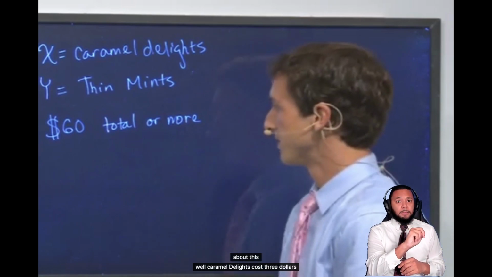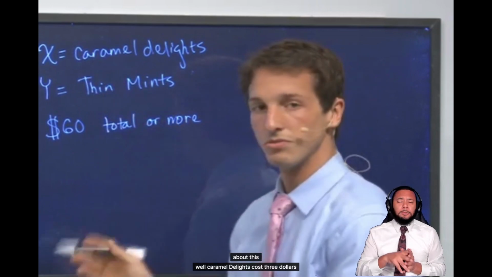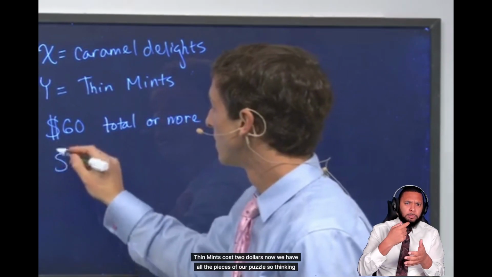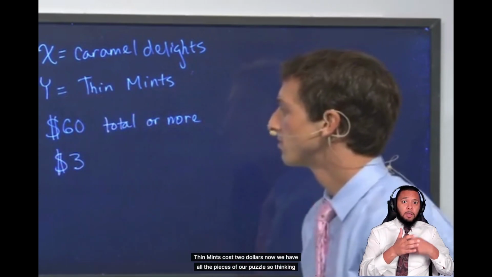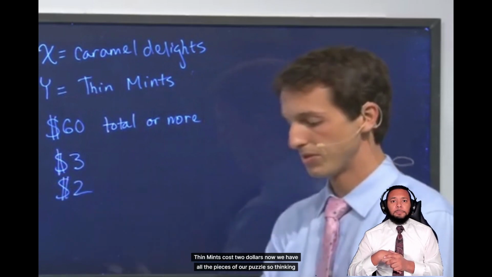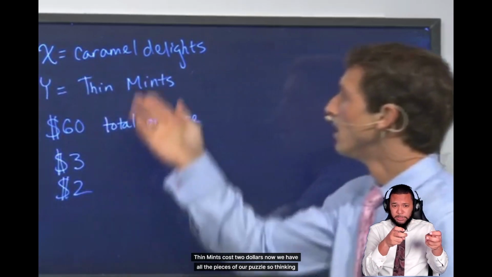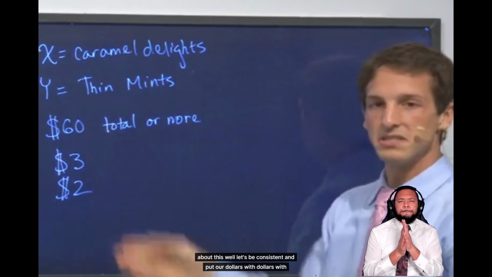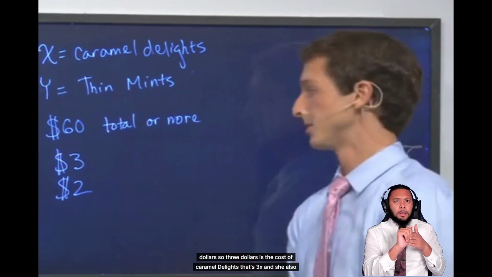So let's think about this. Well, Caramel Delights cost $3. Thin Mints cost $2. Now we have all the pieces of our puzzle. So thinking about this, let's be consistent and put our dollars with dollars.